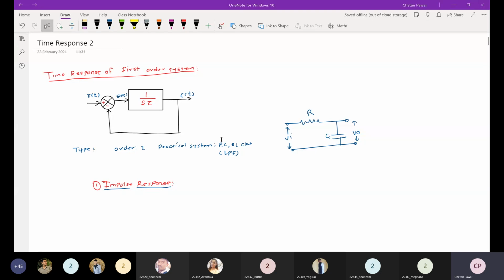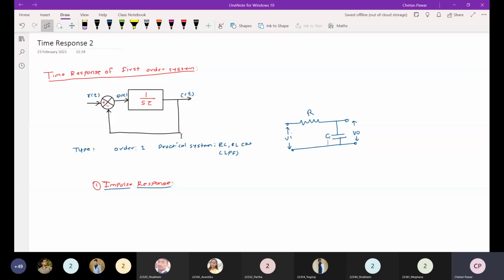So here you can see a block diagram. What is the open loop transfer function here? Even if the closed loop system is given, that closed loop system consists of one open loop system, right?